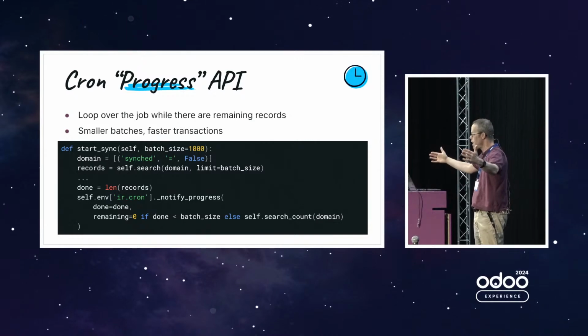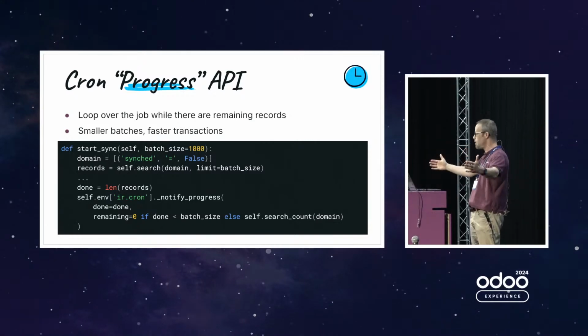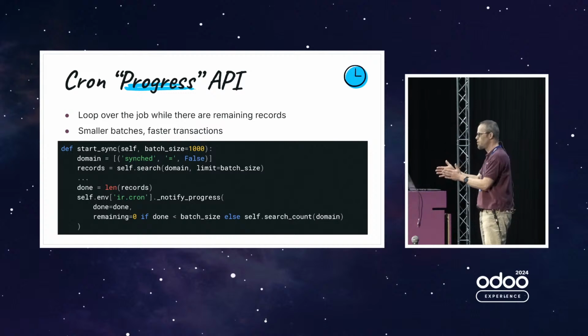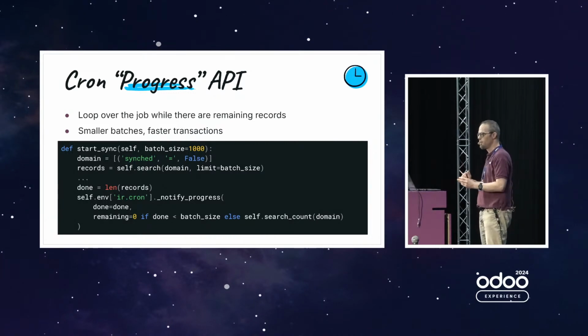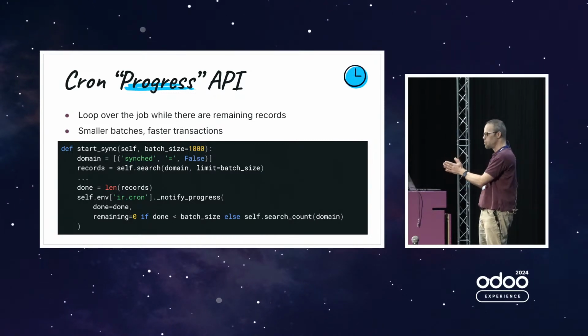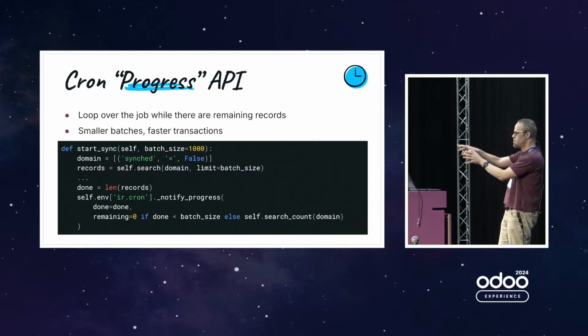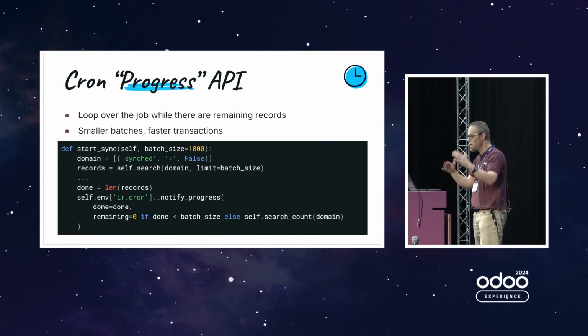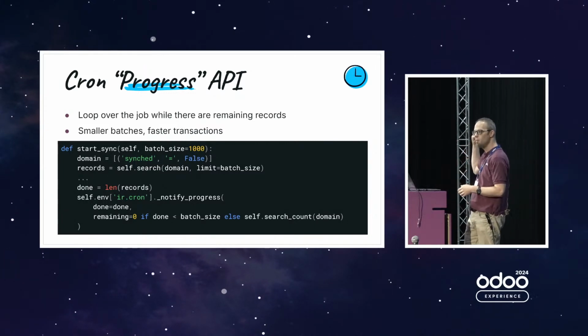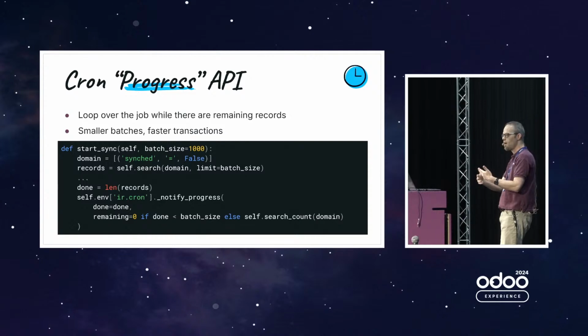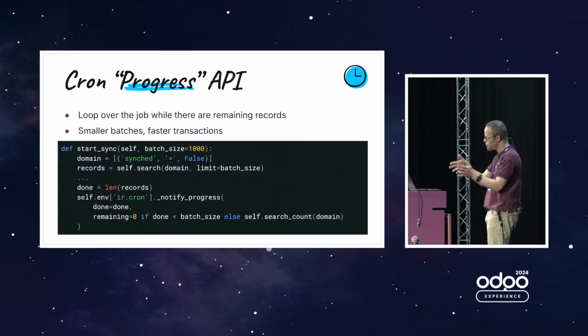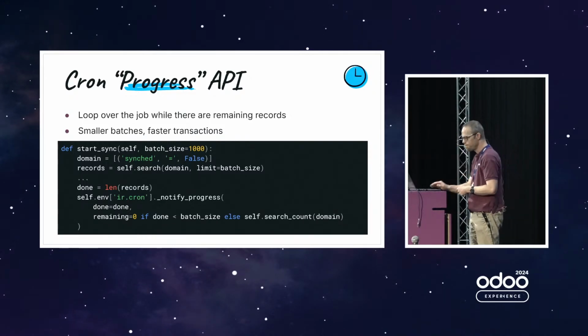We've been measuring that, and there really is a large difference. So making smaller transactions is better. Of course, if they're too small, the overhead of the transaction takes over and slows it down. But don't make transactions too big. And this enables a smooth cooperation between the cron job and its executor.